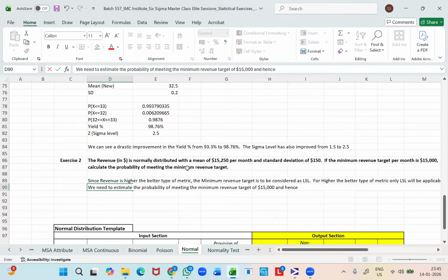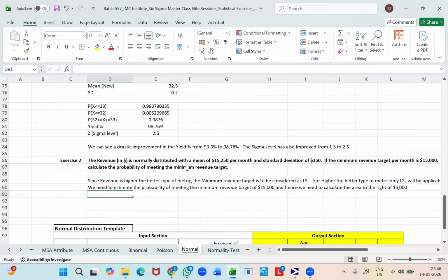And hence, we need to calculate the area to the right of 15,000. So this is like at least 15,000. In terms of notation, this will be P of X greater than or equal to 15,000. So this is what we are supposed to find out.